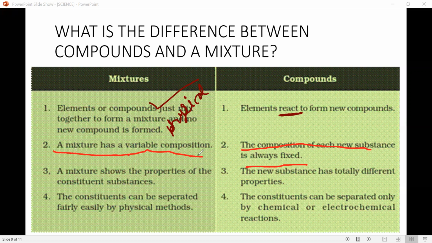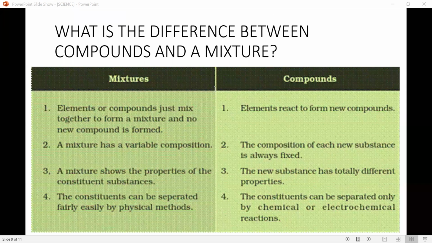Variable composition means any ratio. Any ratio, the mixtures can be there. So if the ratio is any ratio, then it is a mixture. And in compounds it is always a fixed ratio. There is only a fixed ratio in compounds and any ratio in the other, which is a mixture.